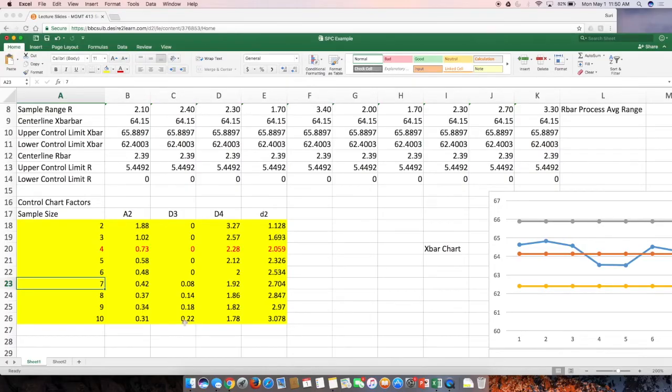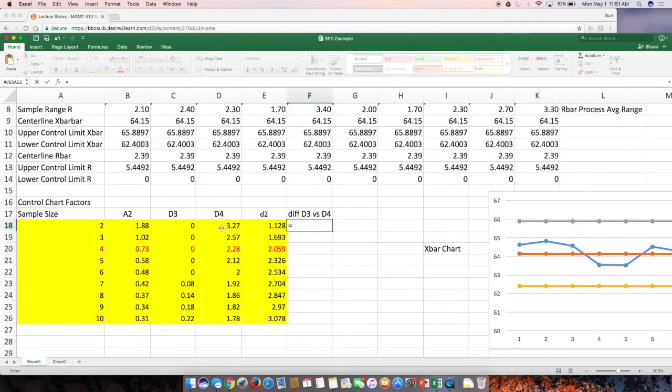Everybody see? And so what's happening to these limits? If you take the difference, notice the difference between D3 and D4. Let's calculate the difference, capital D3 versus D4.